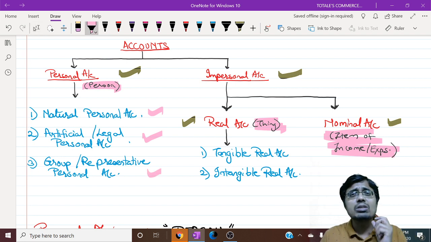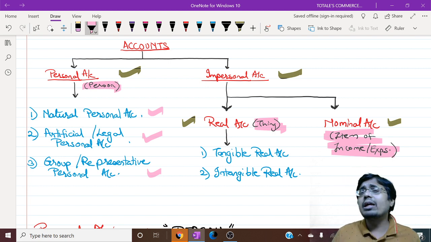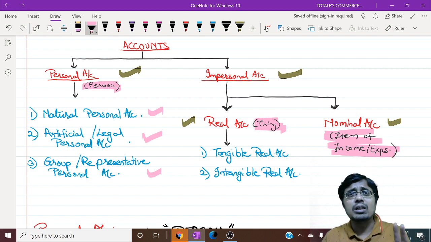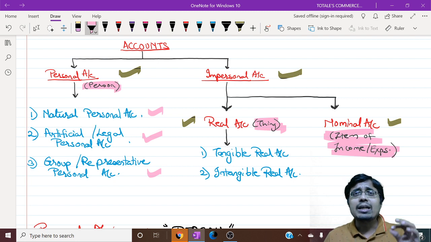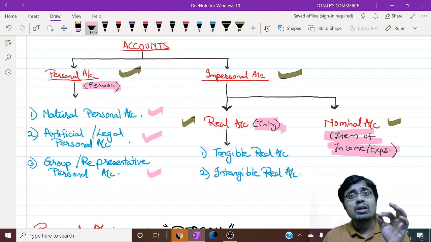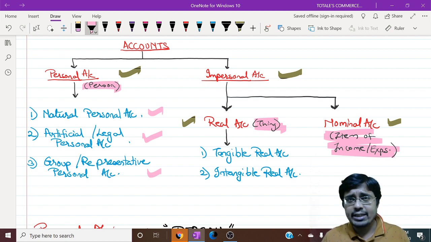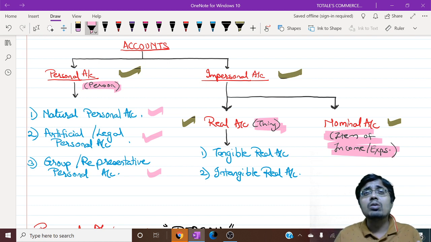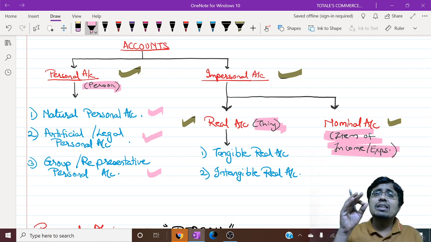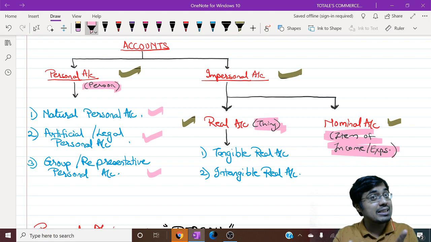Now in real accounts there are two types. We have been through personal accounts; now let's move on to real accounts. One is tangible, the other is intangible. Tangible accounts, listen carefully, are accounts of those goods or things which can be seen, felt, and touched. Intangible accounts are accounts of those things which cannot be seen, felt, or touched, but they are still there.